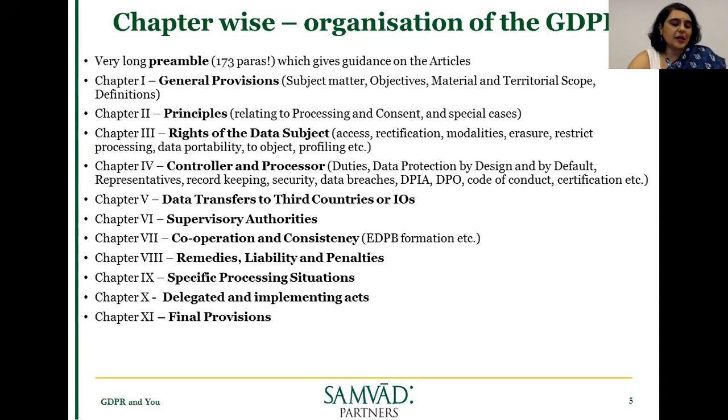Interestingly, in the next paragraph, it goes on to point out that the other objective that it seeks to achieve is the creation of an economic union with economic and social progress and strengthening of the economies within the internal market. And then it goes on to say that the fundamental right of privacy needs to be balanced so that you can achieve these economic objectives, but at what cost?